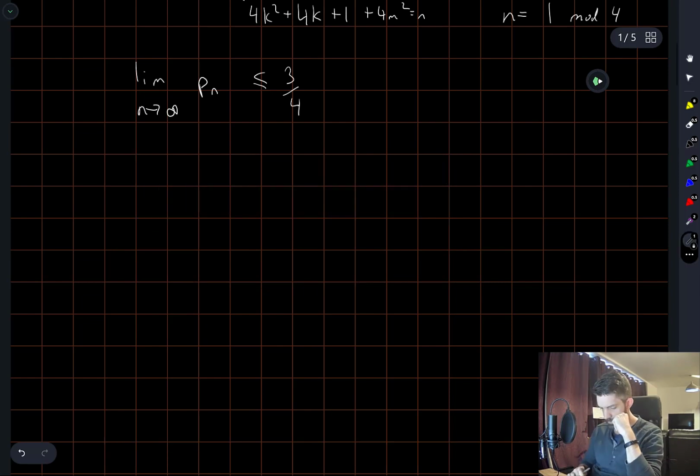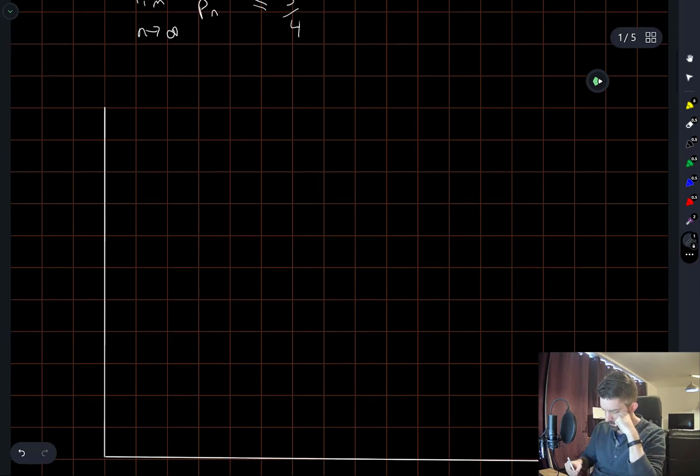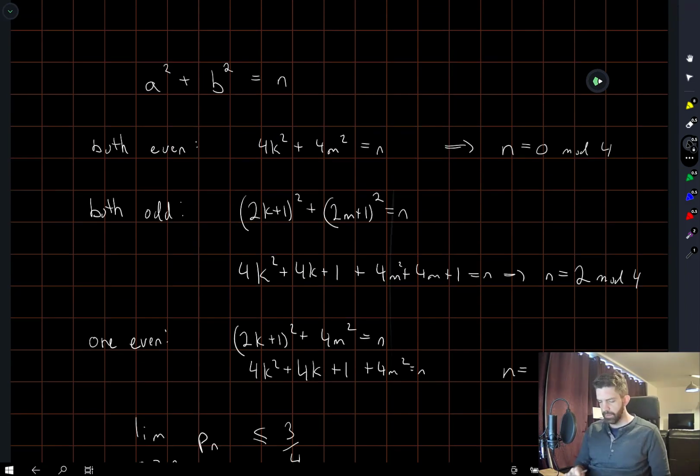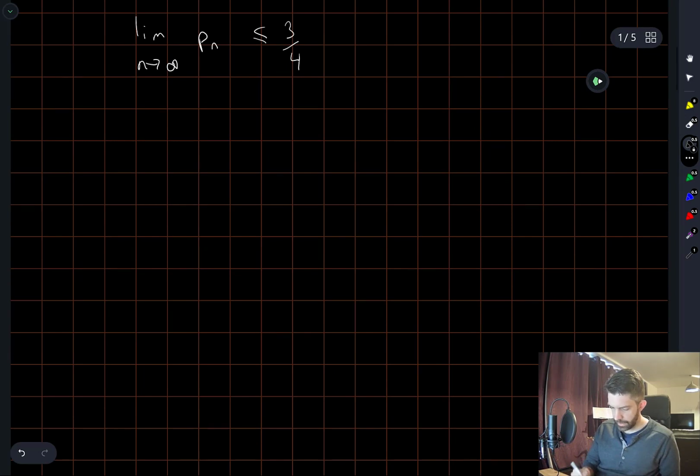I wonder if thinking about this sort of geometrically makes sense. Or maybe, hold on, what if I rewrite this as a squared is equal to n minus b squared?